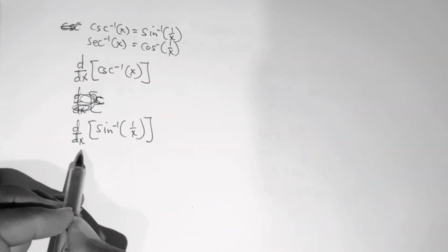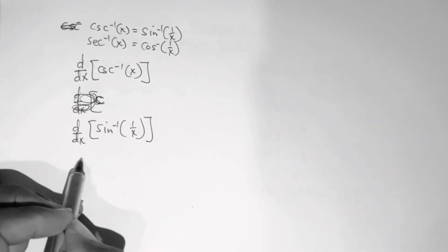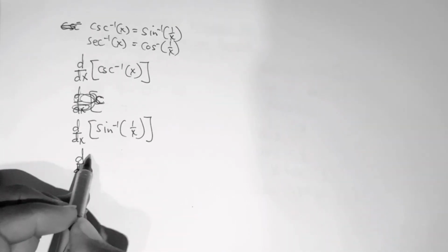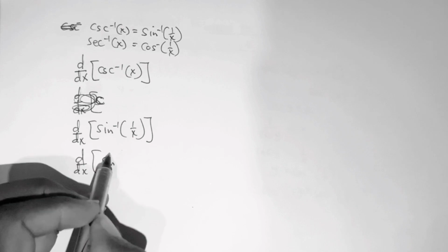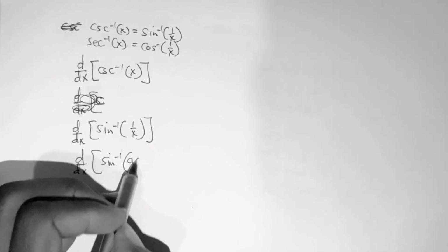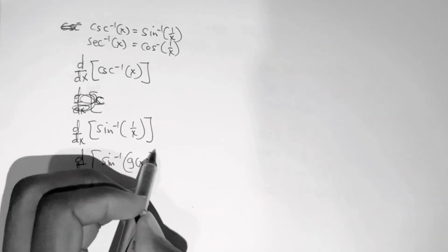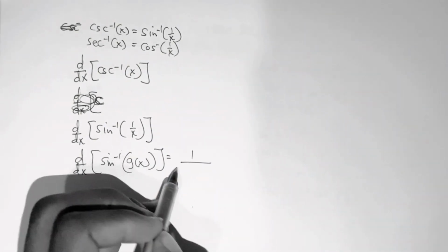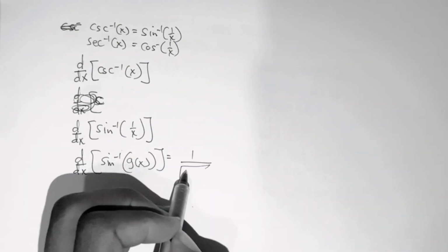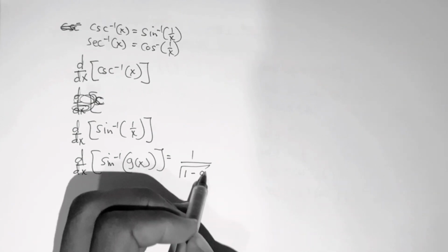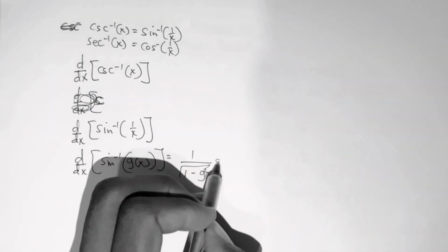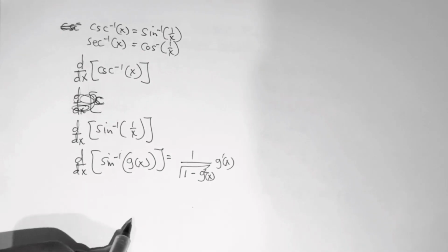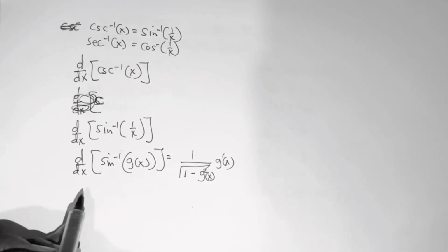Now, remember that we said that d dx of sine inverse of g of x is equal to 1 over square root of 1 minus g squared of x, then g prime of x, from our previous lesson.